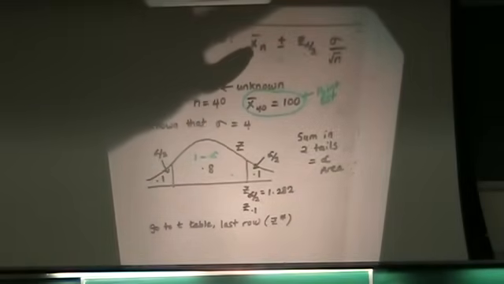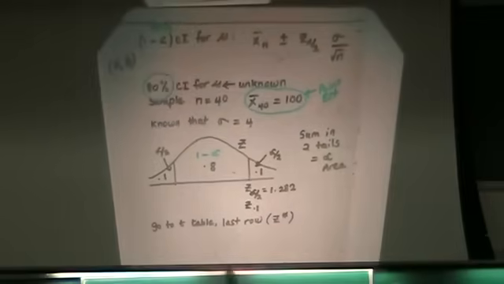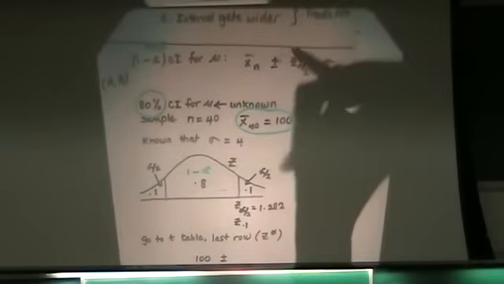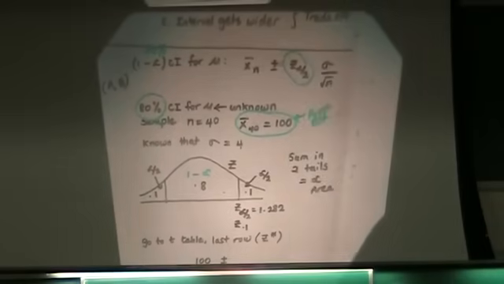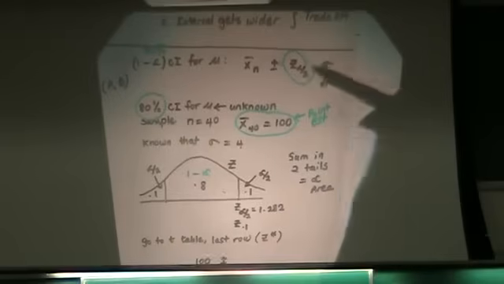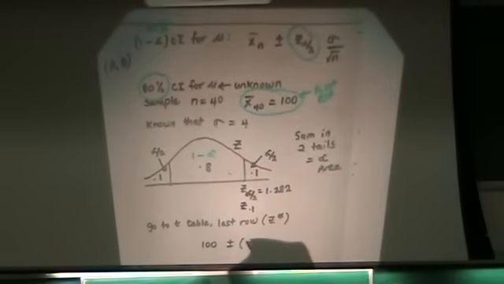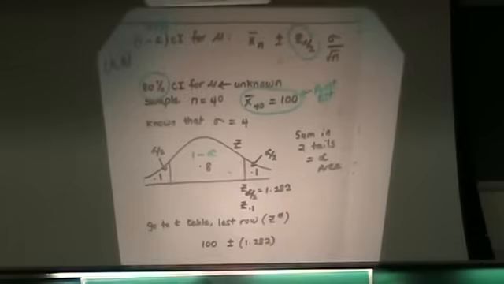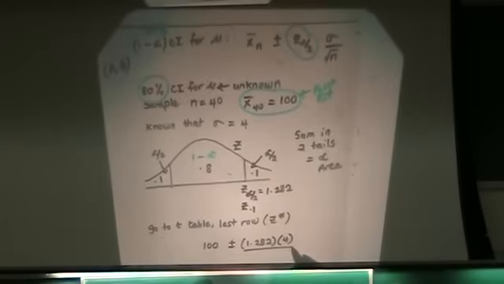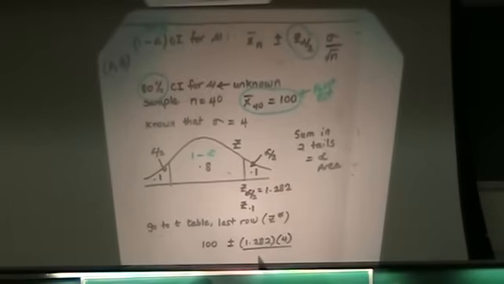This is given: X bar 40 is 100, plus or minus Z alpha over 2, which is 1.282. This is the only number that I needed, really. This is the only part that requires any work on my part. Sigma is given, it's 4, divided by rad n, rad 40.